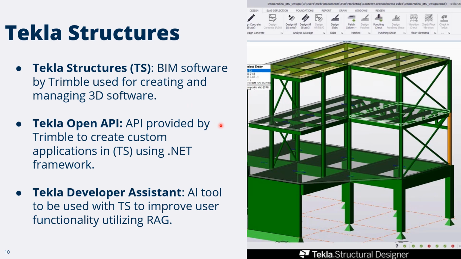Essentially, you can create code files, or macros as they're called, and then through the macro run those files within Tekla Structures. Those code files could be, for example, making a beam or making different templates within the software, and the API would allow you to do that.